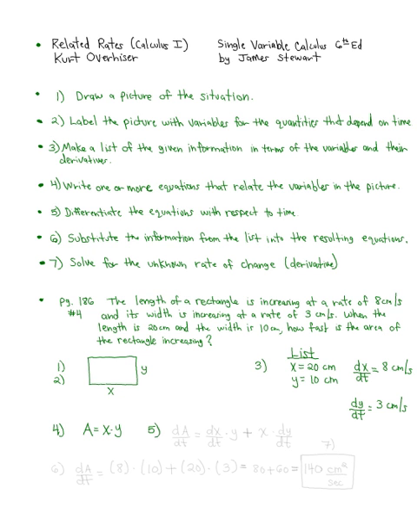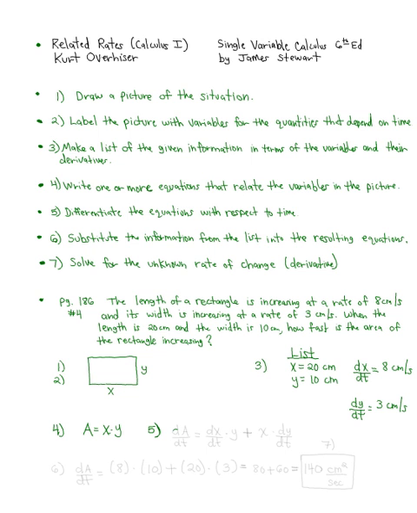Step number 5, we're going to take the area equation and differentiate it with respect to time. Notice that the area equation is a product of two quantities, so we're going to have to use the product rule here.